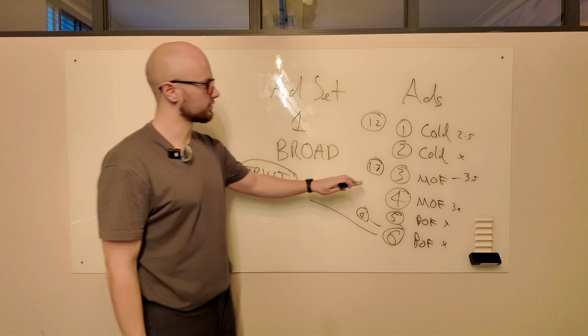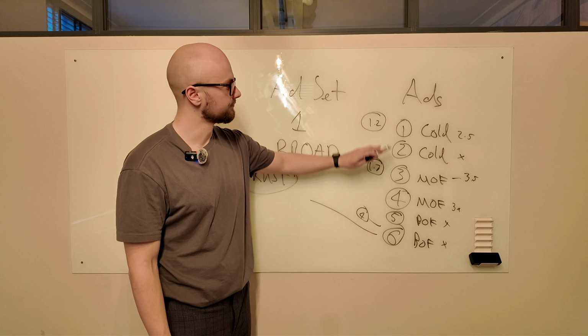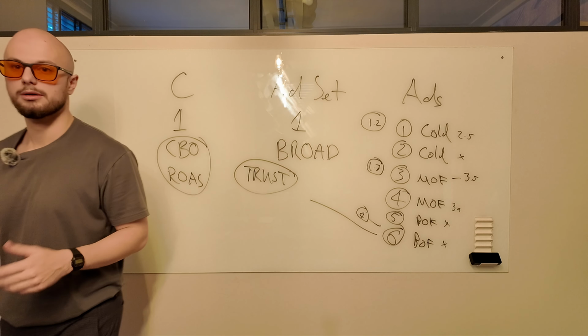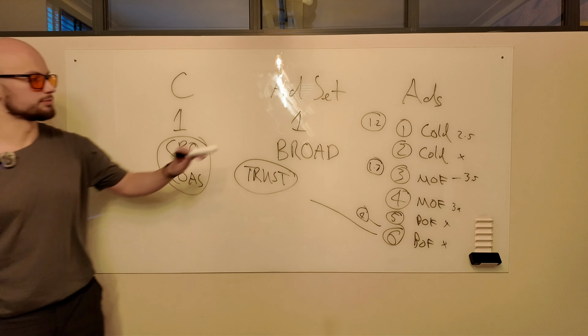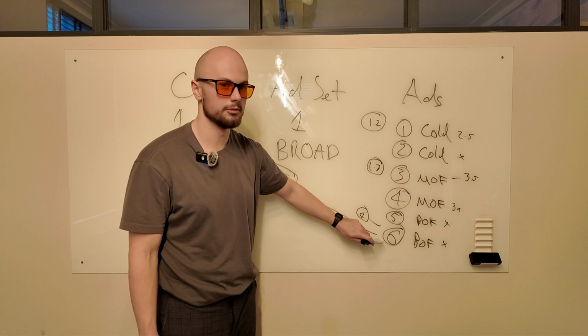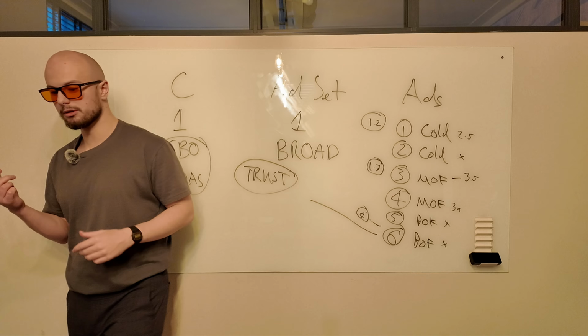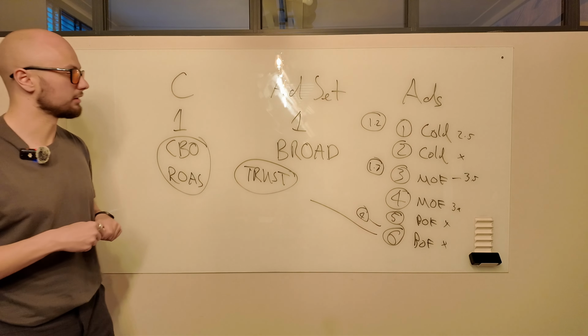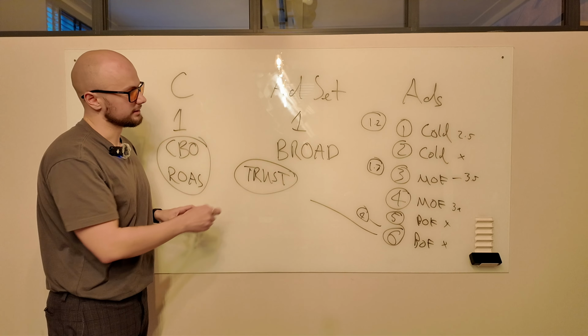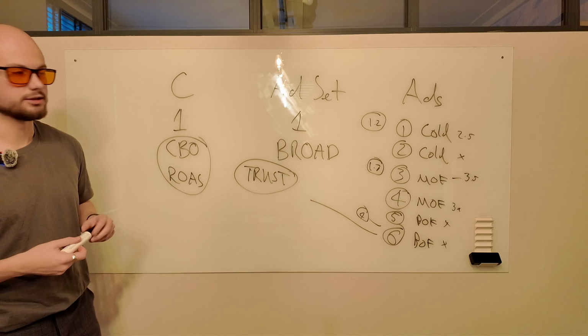Now, once you've got some spend in here and you're seeing that, hey, these ads are working well together, all you then need to do is every single week be chucking more cold ads in, more middle of funnel ads in, more bottom of funnel ads in. And the most beautiful thing about Facebook's algorithm at the moment, and this is why you can't outsmart it, is because it is so quick to change.